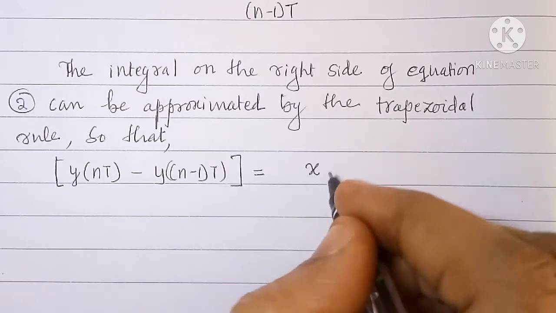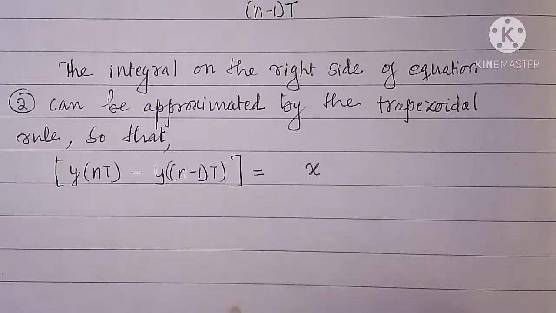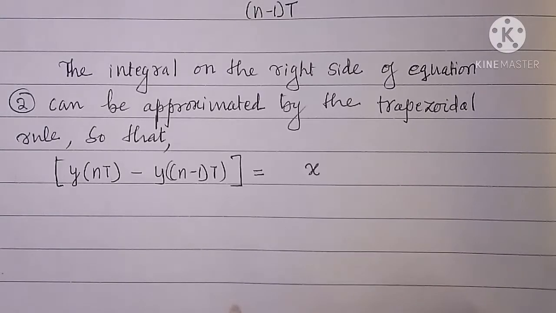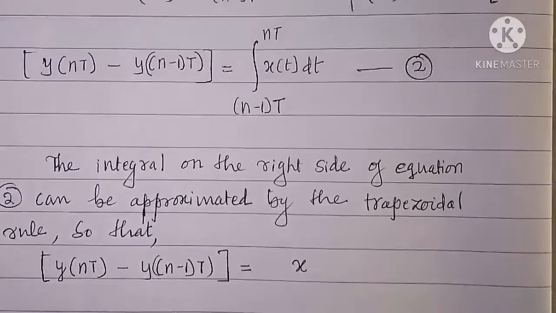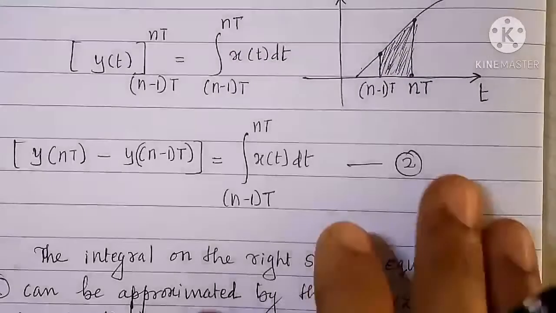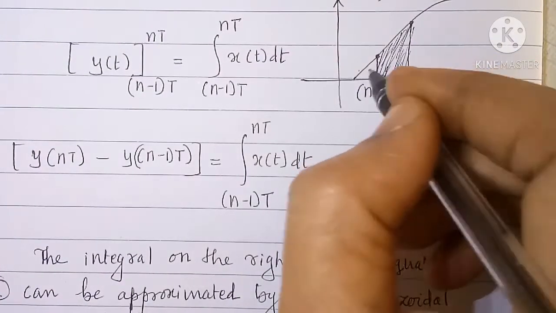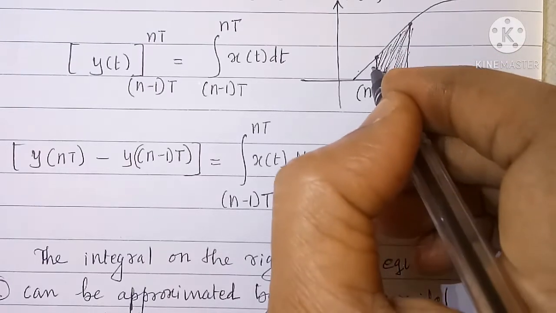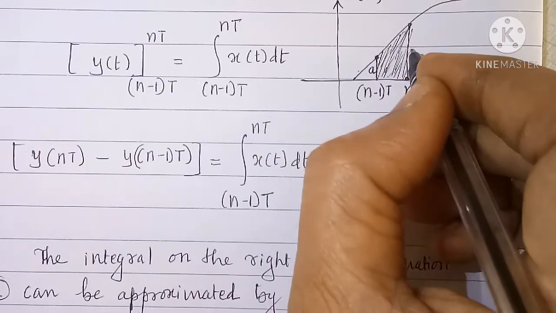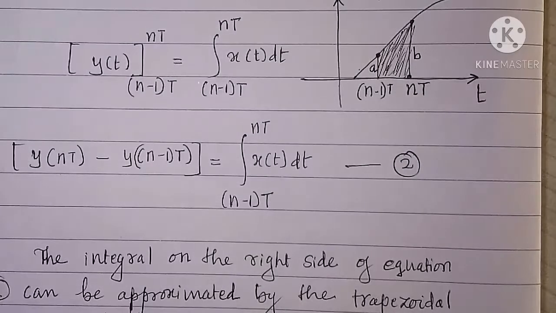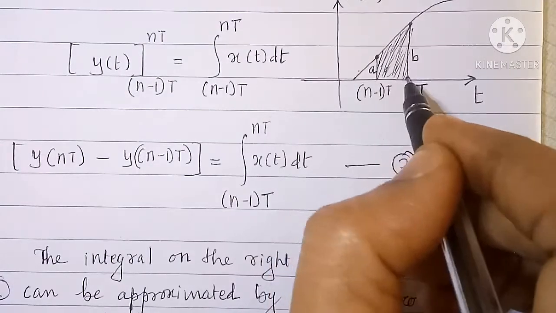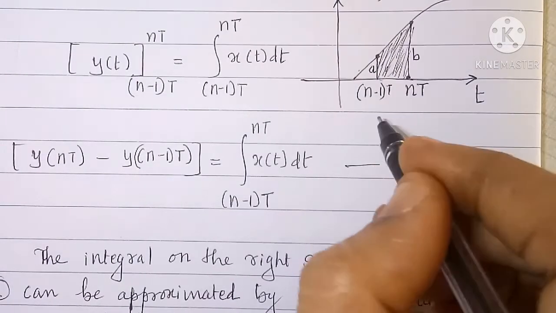x of, how do you calculate the area of a trapezium? The area of a trapezium is the sum of parallel sides. If this is A and this is B, A plus B, into the distance between the parallel sides.